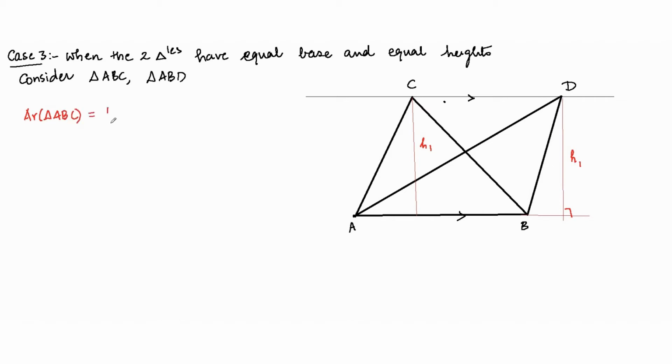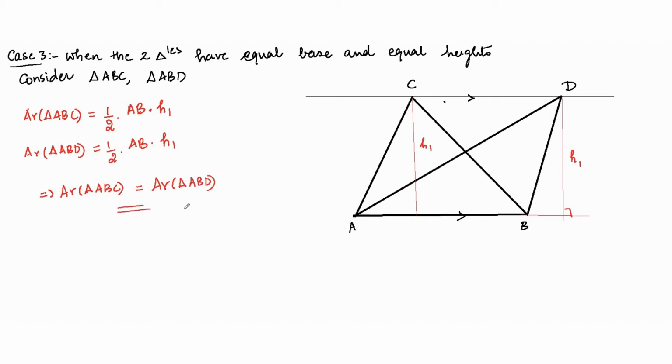Area of triangle ABC is given by half into base, which is AB, multiplied by H1, and area of triangle ABD is given by half into AB into the height, which is again H1. You will notice that both the areas are equal, which means that area of triangle ABC is equal to area of triangle ABD, and therefore the two triangles have equal area.